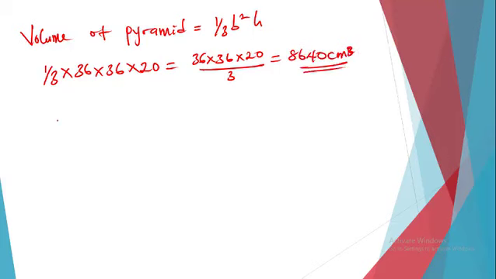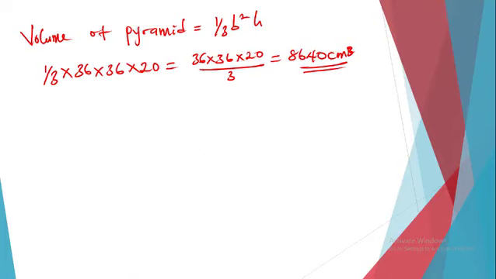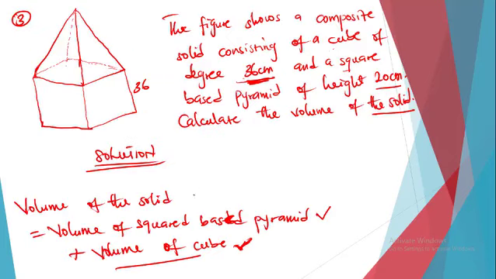Okay, and then we now solve for the volume of the cube. So volume of cube is equal to 36 times 36 times 36. Remember, it's L raised to the power 3. Okay, and when we multiply through, we have 46656 cm cube. And then I told us that to find the volume of the solid, we need to find this and then add it to this.